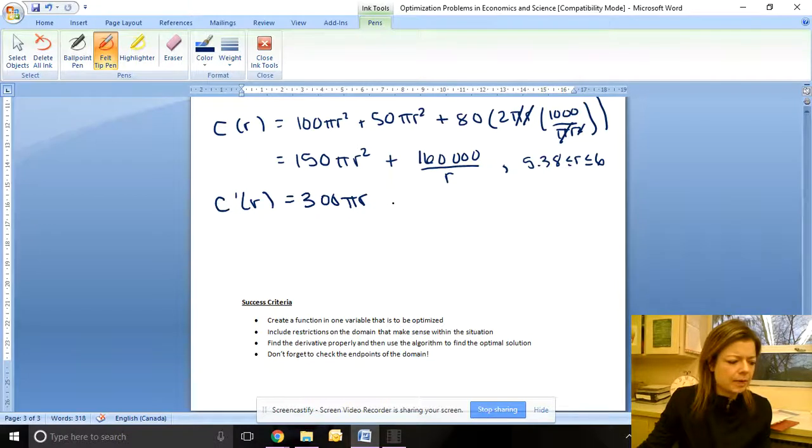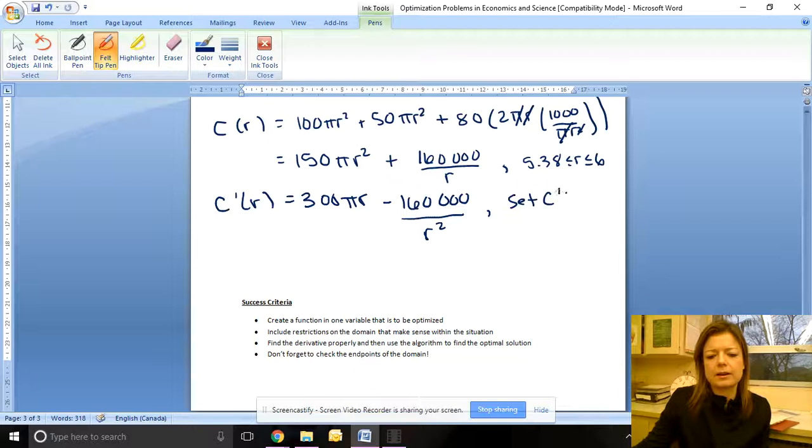But either way, you get negative 160,000 over r squared as the derivative of that part. Okay, and now we're going to set C'(r) equal to 0. So that essentially means that 300 pi r equals 160,000 over r squared, okay? Because if you set this equal to 0, move this over because it's negative, this is what you get.